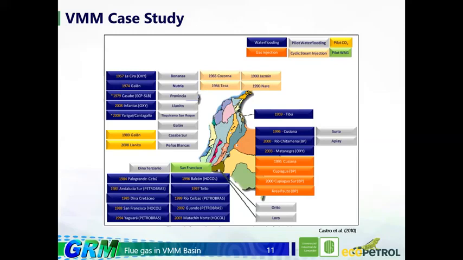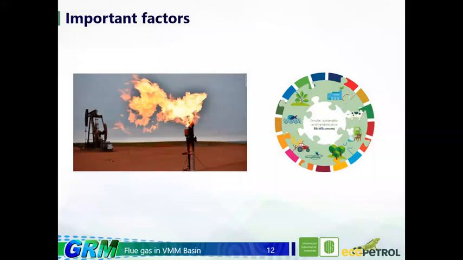So that means that we can do these processes of injecting flue gas, because there are precedents of steam injection in this Valle Medio Magdalena Basin. Also, we need to know that there are two principal important factors for this investigation or literature review.